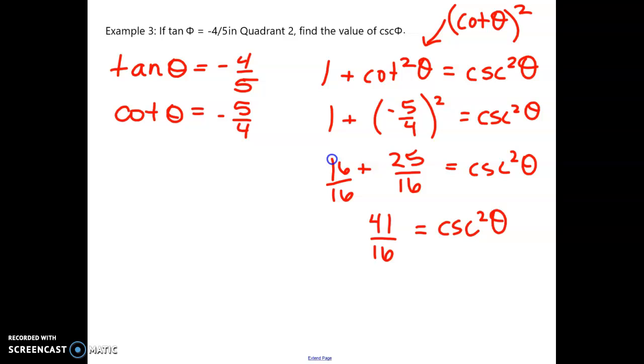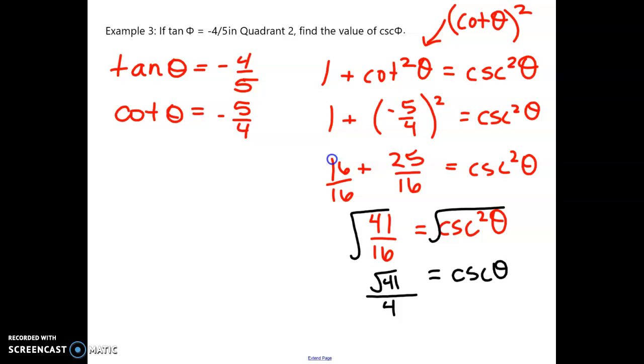But I don't want cosecant squared, I want cosecant. So how do I undo the squared? Square root, exactly. Just like you would normally, we would square root both sides. So my answer is going to be square root of 41 divided by 4, because 41 does not square root nicely, so I'm going to leave it under the root, but 16 does square root nicely, so I'm going to root it to get 4.